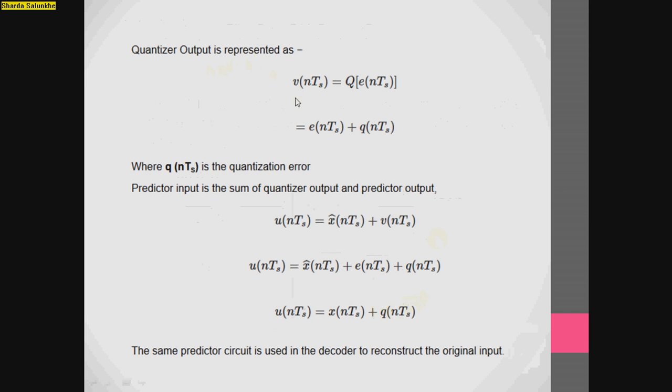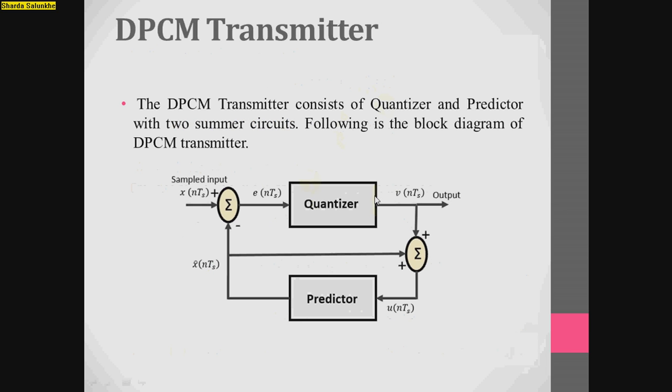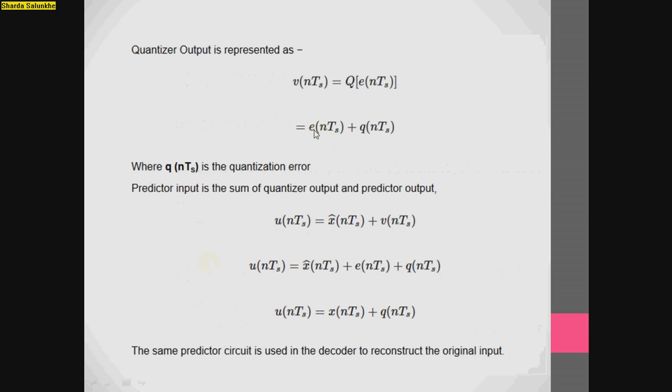So the quantized output is represented as V of nTs equal to the quantization of the error signal E of nTs. So E of nTs is nothing but the difference of these two signals, that is X of nTs minus X cap of nTs. So V of nTs is E of nTs plus Q of nTs, where Q of nTs is nothing but the quantization error.